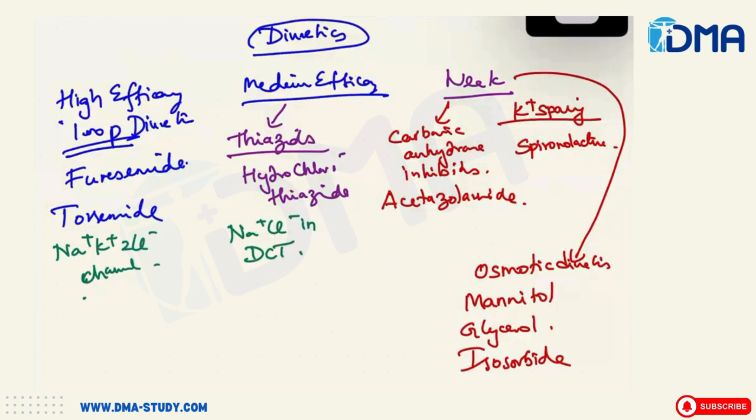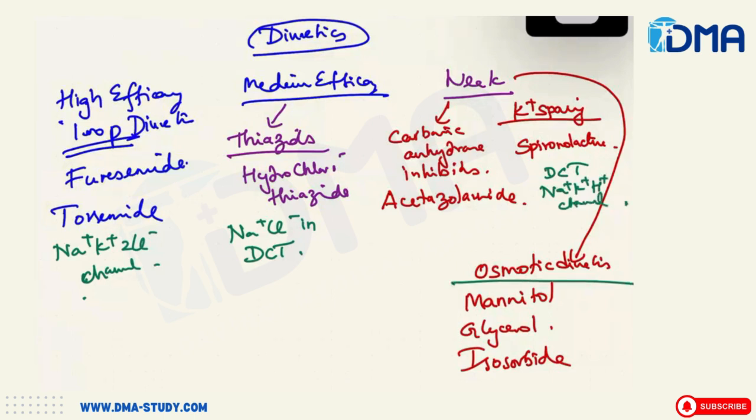Carbonic anhydrase inhibitors, of course, block the enzyme carbonic anhydrase. Potassium sparing diuretics act almost at the junction between the distal convoluted tubule and the collecting duct. I will say distal convoluted tubule. And it blocks the sodium channel, exchanging potassium and H plus.